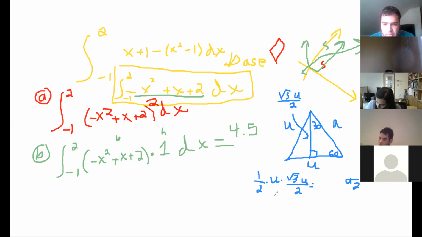That's going to be root 3 u over 4. So this right here, this blue, what I'm squaring right now, is the equation for the area of this equilateral triangle. Now, we can't plug in a number for u because the distance changes depending on where you are in the graph. It gets wider in some parts, it gets skinnier in some parts.